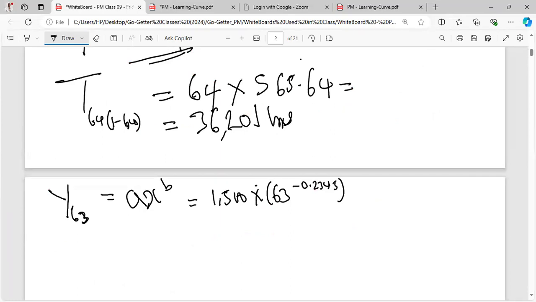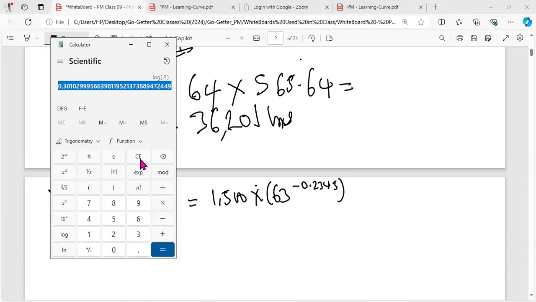All right. So here we go. Our calculator activated. We'll start with 63 raised to power, I will say 0.2345, and I'll put this minus here.